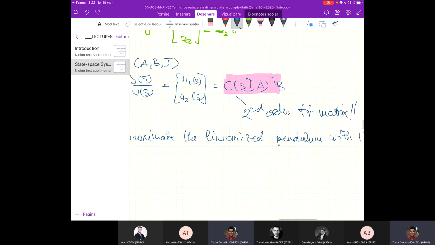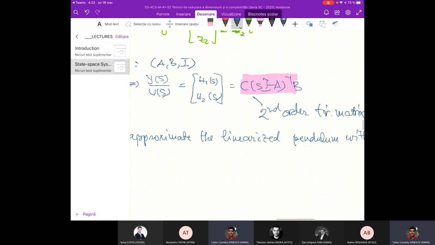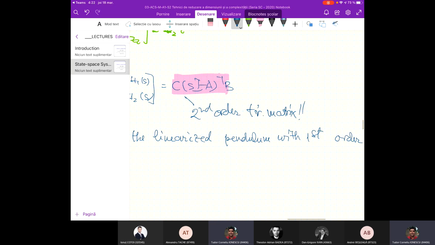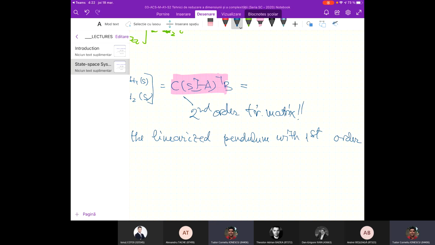This is a second order transfer matrix in the sense that the denominator can always be written as R(s) polynomial over P(s). This is a polynomial with matrix coefficients, whereas this is a classic polynomial.